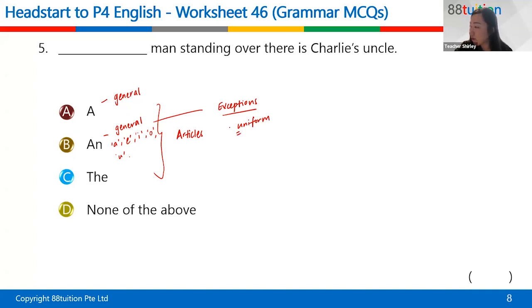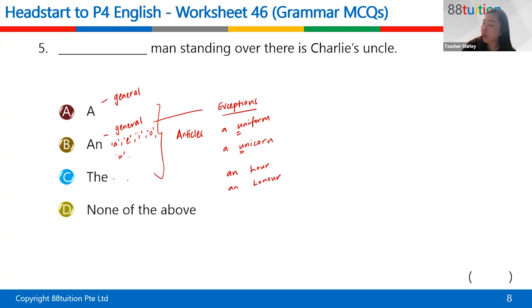Although it starts with U, but we usually say a uniform. Okay, a unicorn. We don't say an unicorn, right? And of course, there are exceptions that do not start with a vowel, but we say an hour, right? Because the H actually has the O sound, right? An hour and an honor, right? It's an honor. Okay. So these are the exceptions.